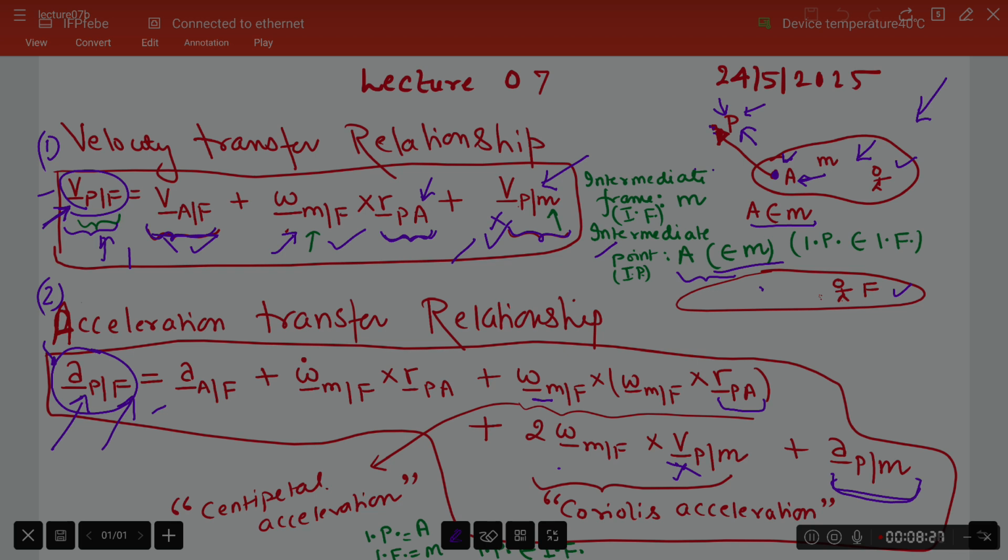I repeat, A must be a point fixed in M. The fourth term involves the angular acceleration of frame M with respect to F crossed with the position vector of P measured from A. Finally, the fifth term is the acceleration of point A with respect to F. So there is a correspondence between the VAF term that appeared in the velocity transfer relationship and the AAF term that appears in the acceleration transfer relationship.